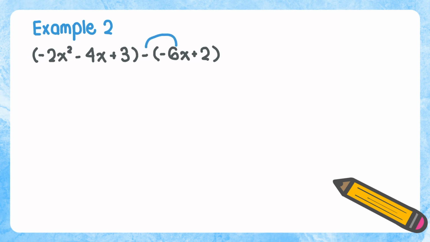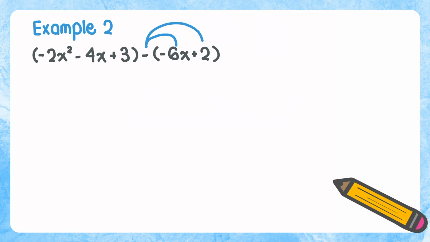Alright, so let's look at another example of subtraction. So what if we had negative 2x squared minus 4x plus 3 minus, and then in parentheses, negative 6x plus 2. Remember, I want to distribute this negative sign to both of these terms right here.